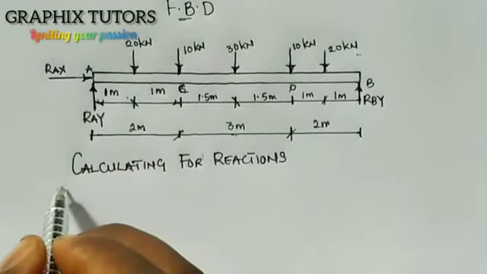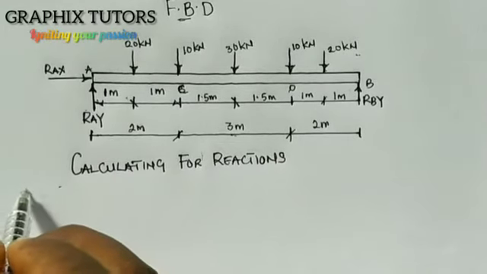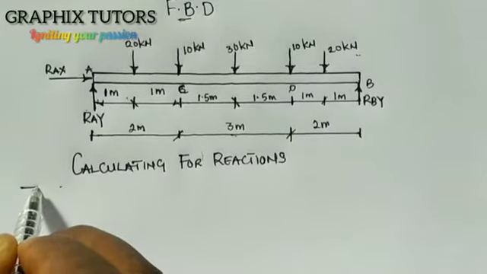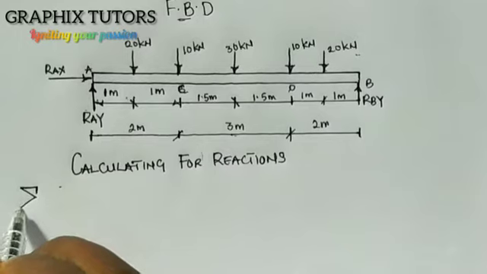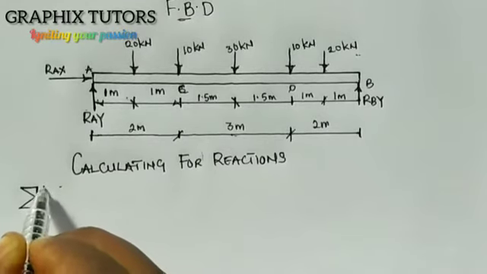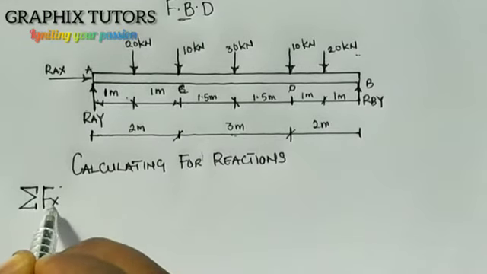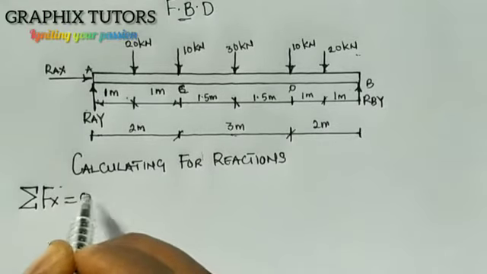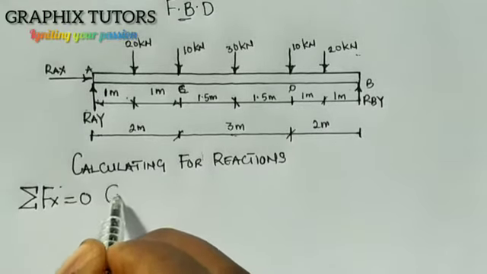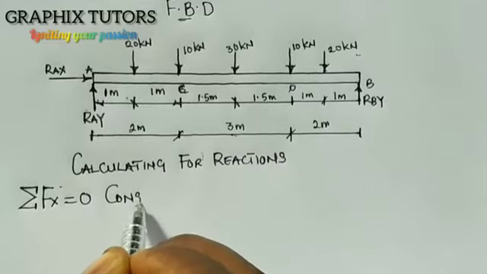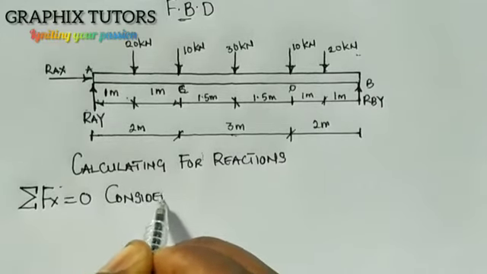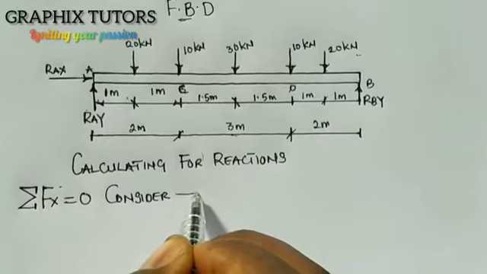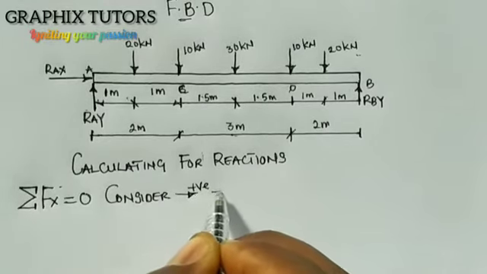The first one is telling us that the summation of all the horizontal component Fx is equals to what? 0. But our condition is that we are going to consider any force acting towards the right to be positive, and any force acting towards the left is what?